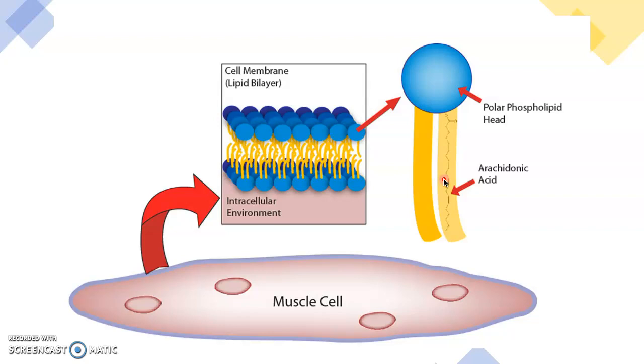And this is where we get our precursors for pain. Arachidonic acid is a 20 carbon molecule that is cleaved off this fatty acid tail, and then you can begin the cascade towards prostaglandins, which are the actual molecules that sensitize our nerve cells to pain.